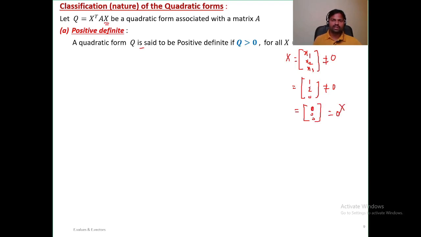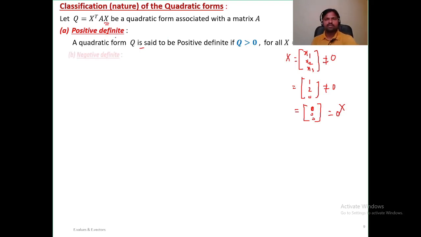If any one of the entries is non-zero, then this entire matrix X is a non-zero matrix. So for all such column vectors x not equal to 0, Q should be more than 0. Then such an expression is said to be positive definite.